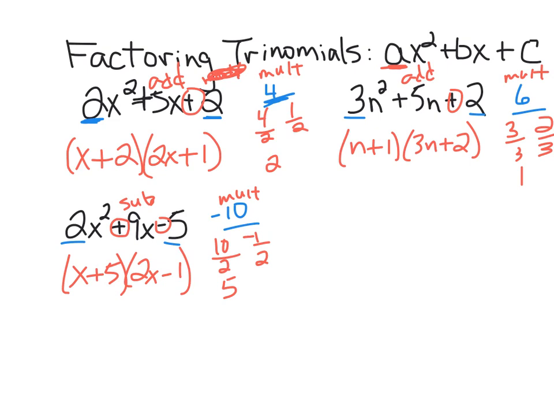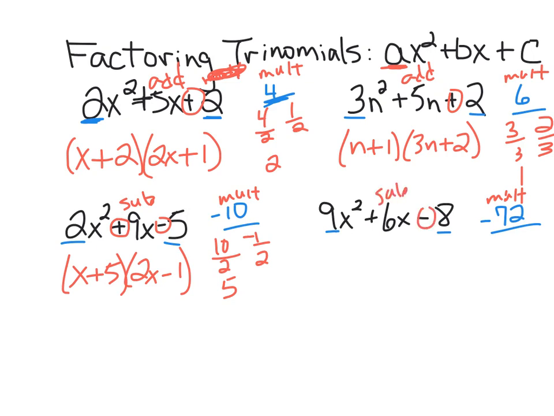Okay, so another example. 9x squared plus 6x minus 8. So we're going to multiply that first and last number. 9 times negative 8 is negative 72. That's what I am trying to multiply to get. But since that's a negative at the end, we're going to subtract.